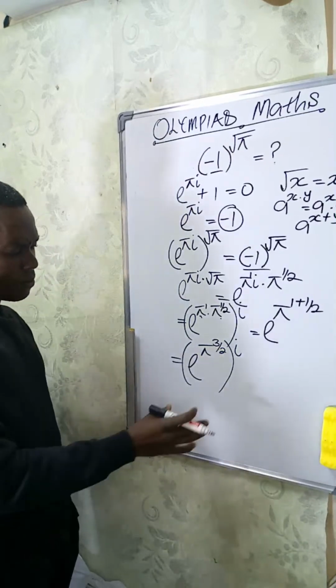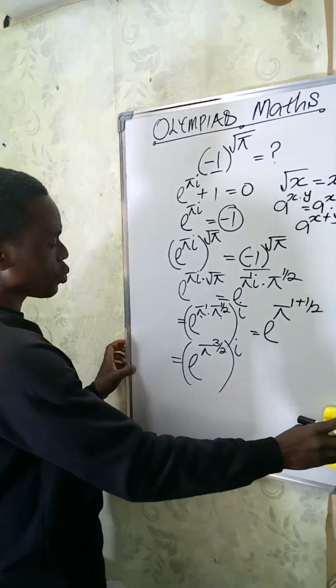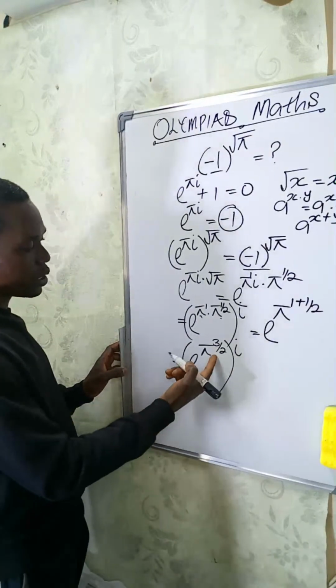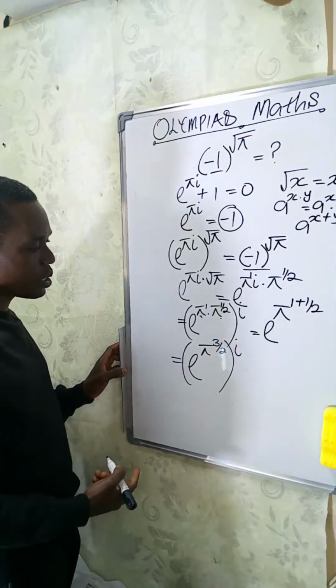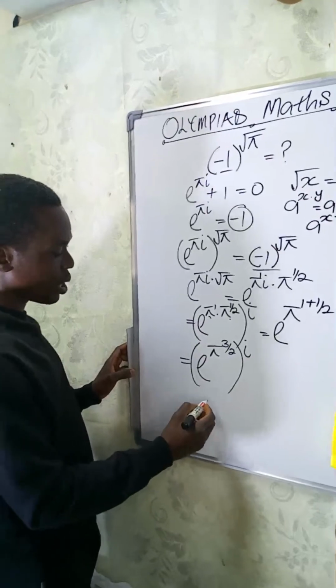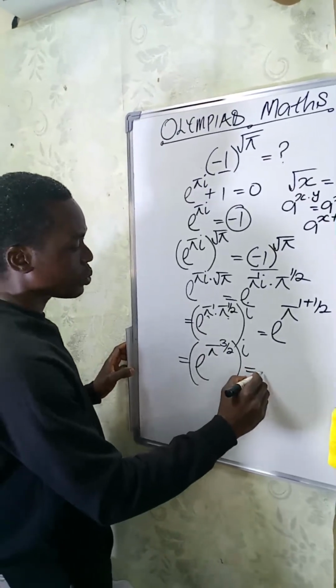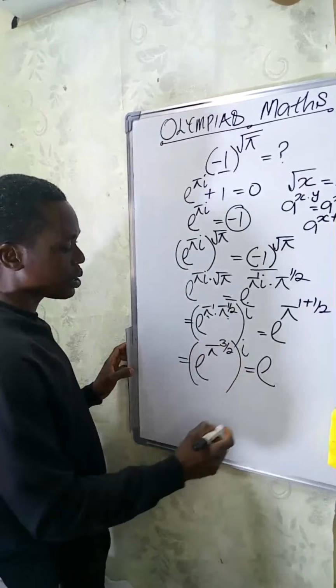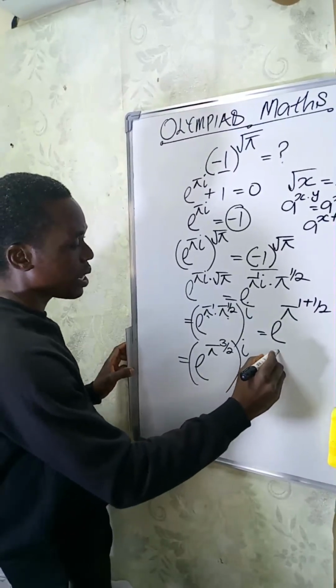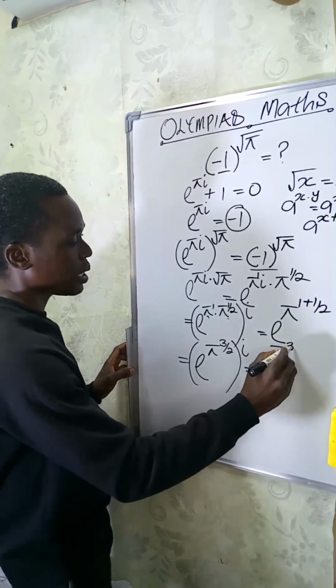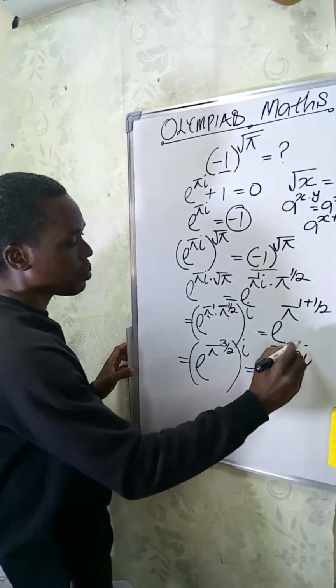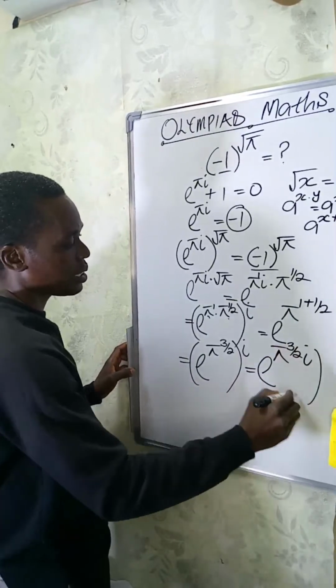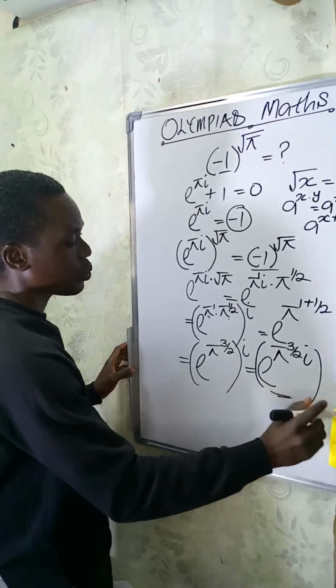Great. Now if I simplify this, the powers will have to multiply, and that will be what? Pi to the power of 3 divided by 2 multiplied by i, and this is exactly the expression we are going to have.